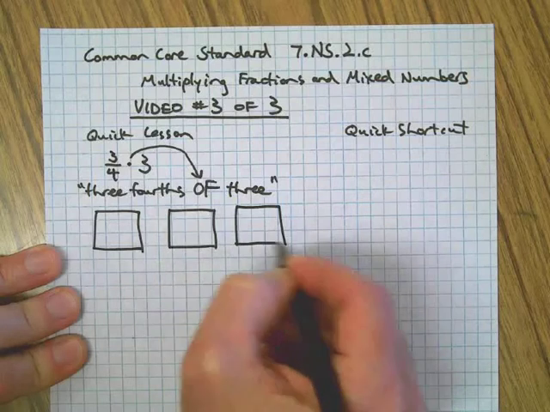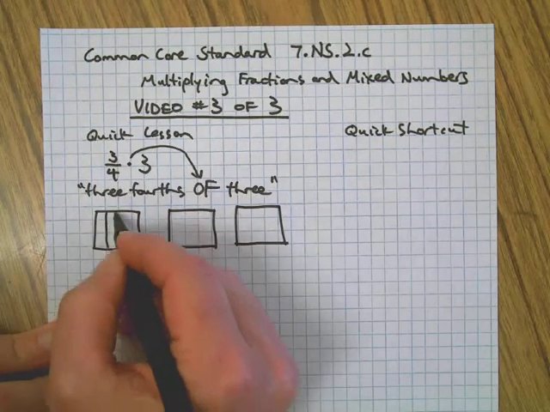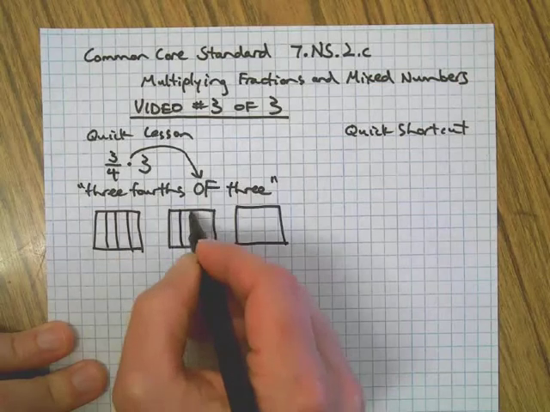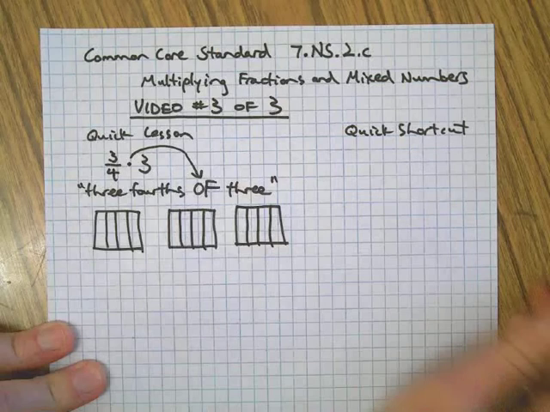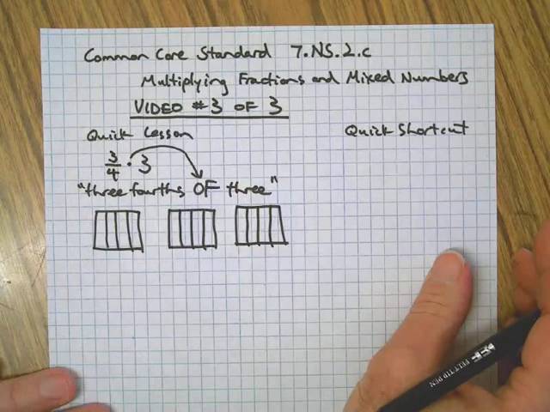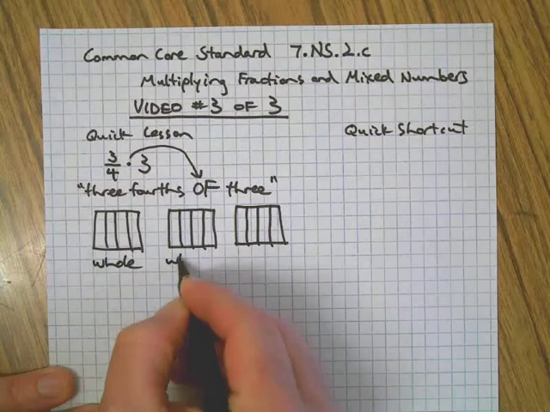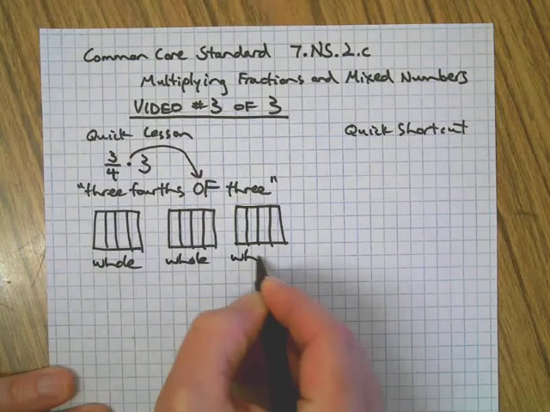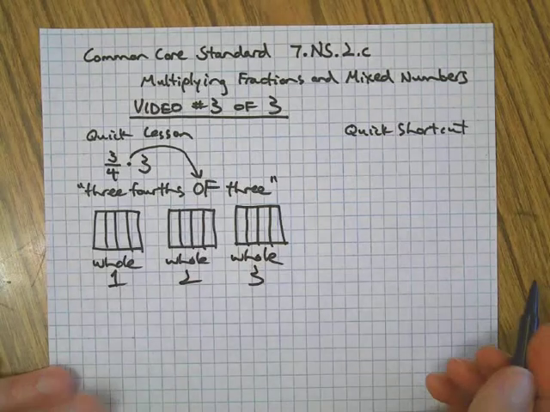If you're wondering what in the world I'm talking about, watch the first video where I use actual, real live Kit Kat bars. Live. Okay, so here's 3 wholes, right? There's the whole thing. Okay, 1, 2, 3. What's 3/4 of that?